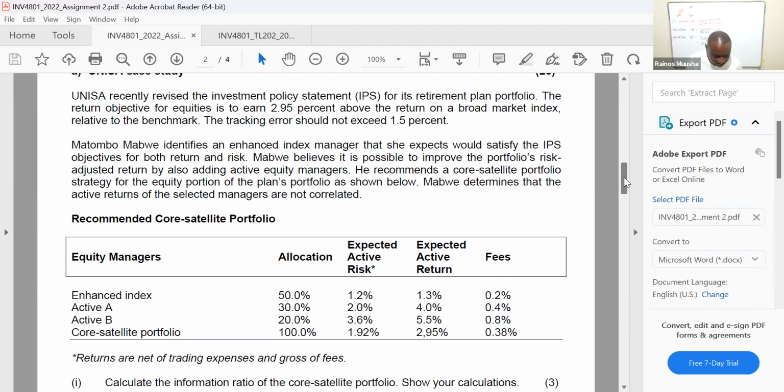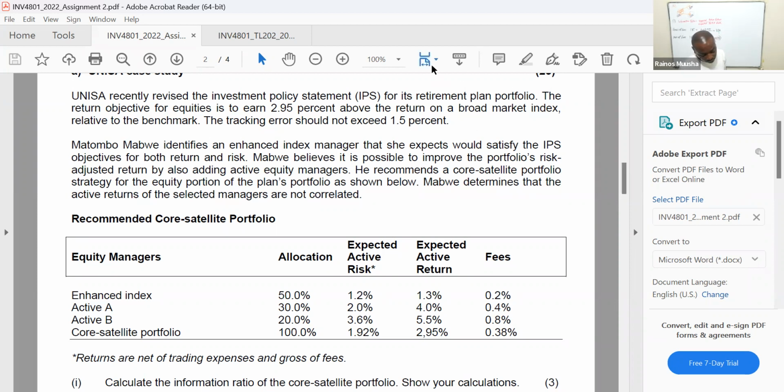The return objective is that your equity should earn 2.95% above the return on the broad market index, which means the broad market index is, in this case, your benchmark return. So you should be earning an active return of 2.95% above the benchmark.